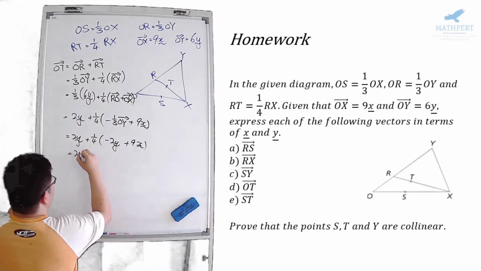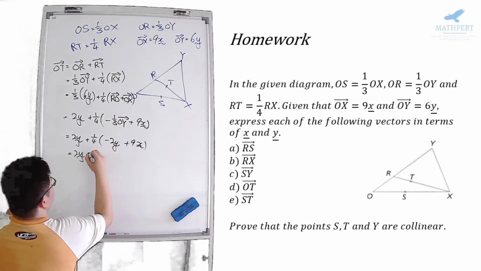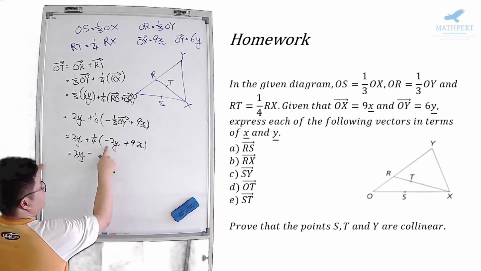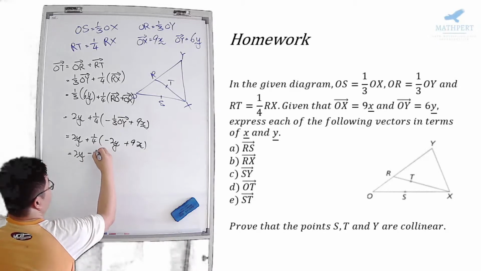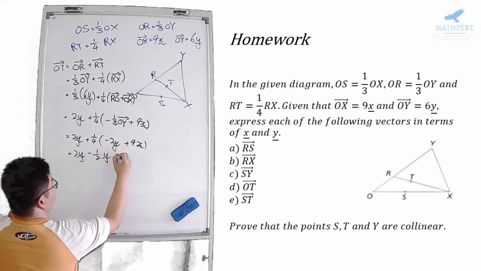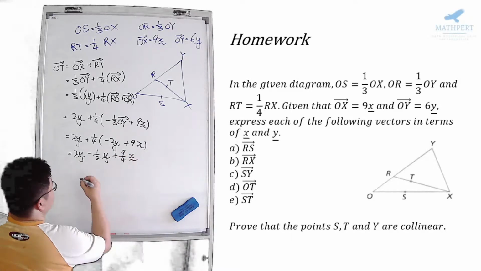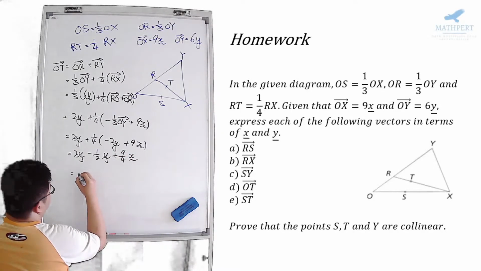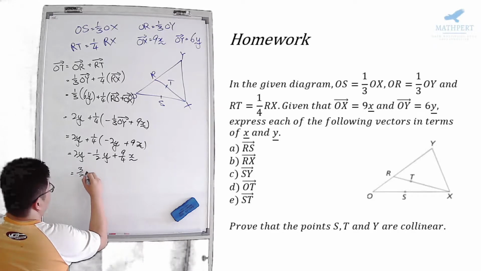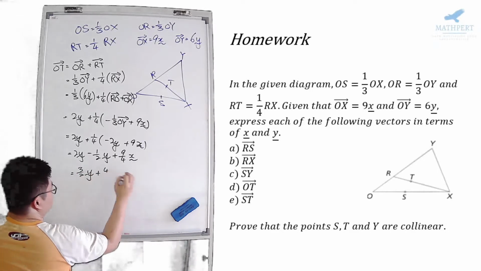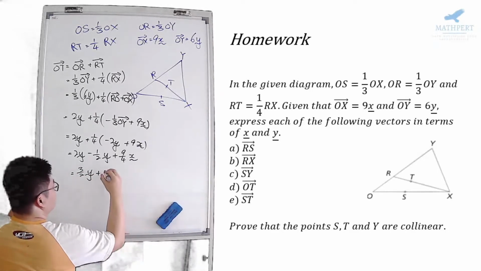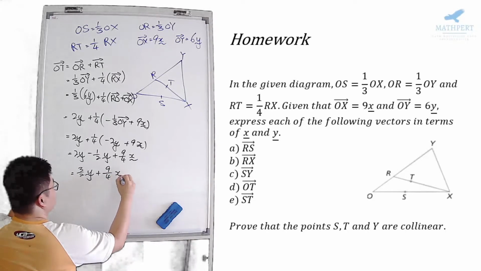So this will be 2y minus 1 over 2 y plus 9 over 4 x. So this will be 3 over 2 y plus 9 over 4 x.